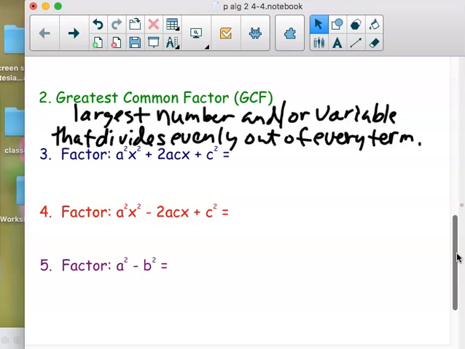There's no A. Maybe I can take an X. This one has 2 X's. This one has 1 X. Rats. That one doesn't have any at all. But this is actually a great factoring pattern that we're going to spend quite a bit of time on Monday. And this happens to be what's called a perfect square trinomial.